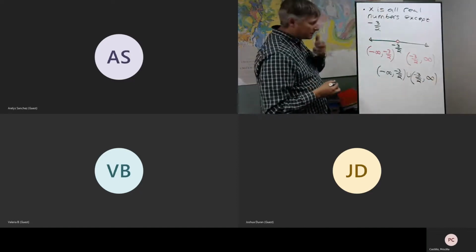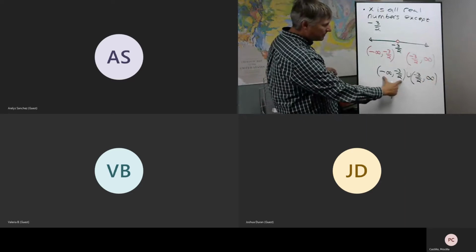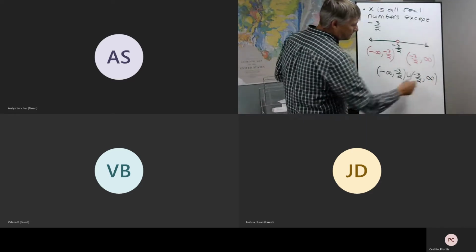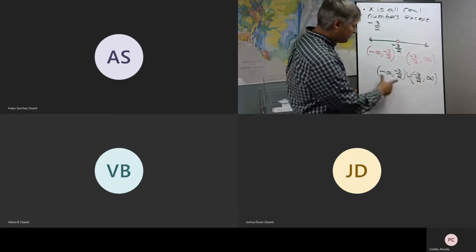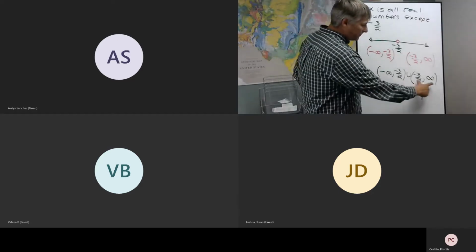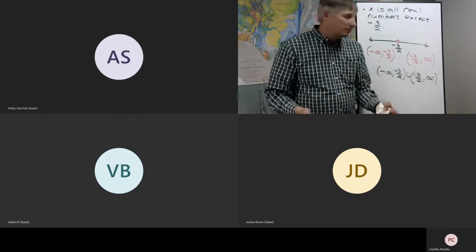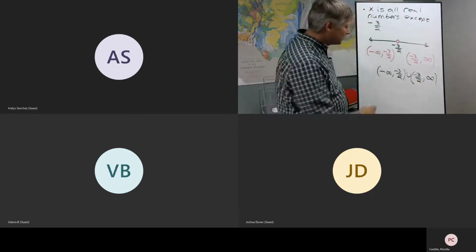So this would be our answer. We're going to take this part of the number line and combine it with this part of the number line. It's like we're taking all the numbers from this part and all the numbers from this part and then just dumping them into a box and calling that our domain. There's one number that we're excluding though.